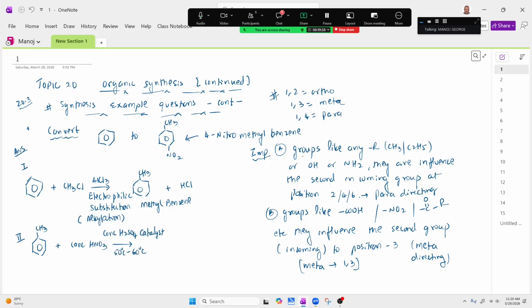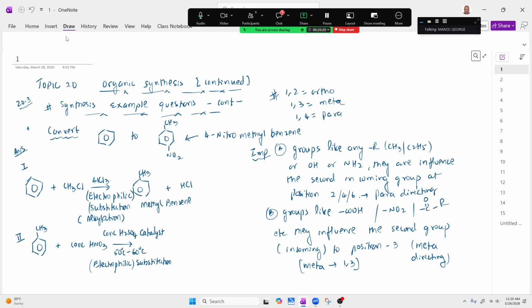Now again, I'm putting nitro on the benzene ring. So my correct way of naming this reaction is I'm going to still call it electrophilic substitution. That's the key word I'm just putting in the bracket, because sometimes the examiner might say, okay, we'll give you the mark even if you just say substitution.